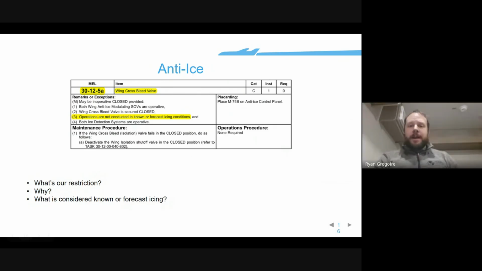Yeah, anytime you have any sort of MEL limitation on a system that is pertaining to anti-ice, you're going to see the limitation: operations are not conducted in known or forecast icing conditions.